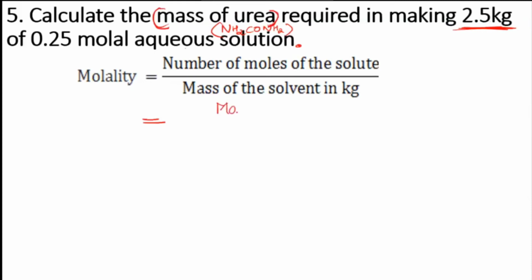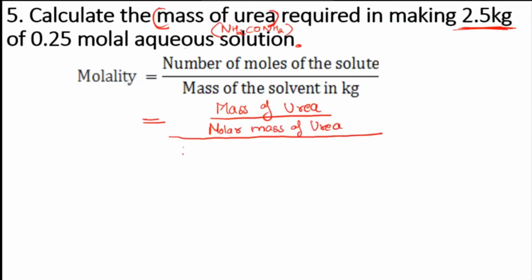So I can write this as mass of urea, the solute over here is urea, divided by molar mass of urea, whole divided by mass of the solvent in kg. And the other side I have molality.